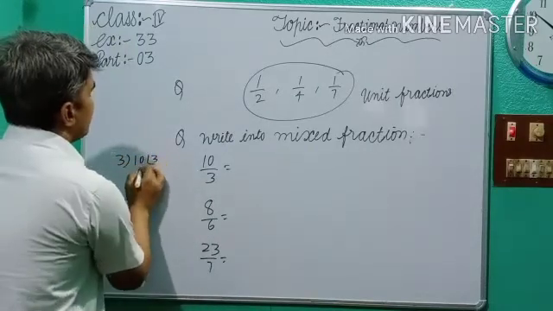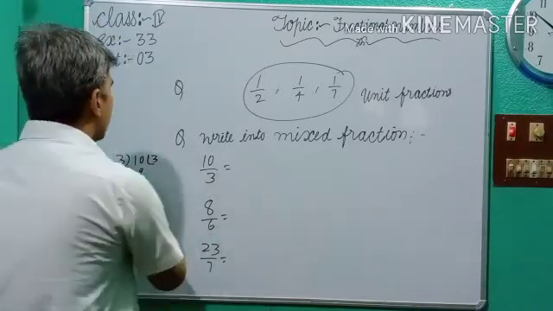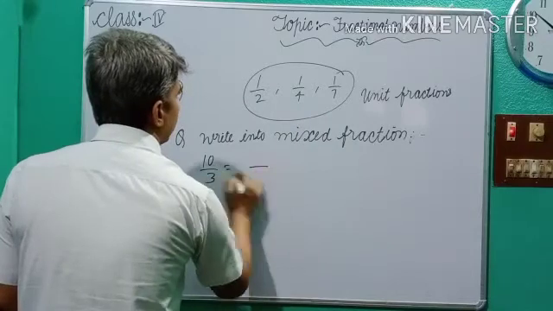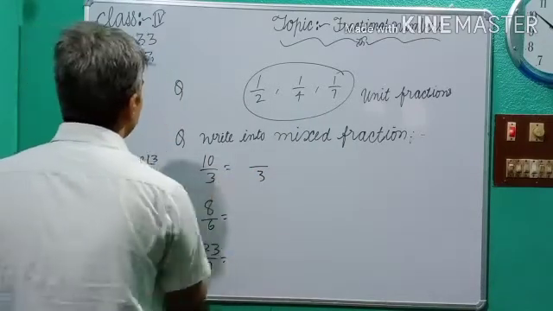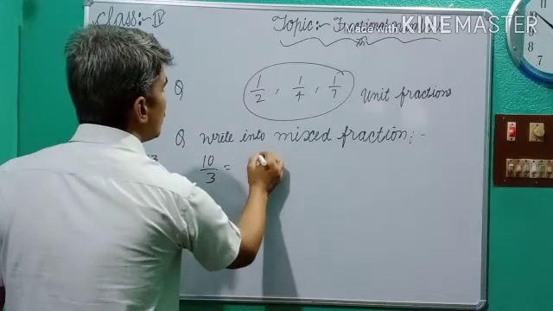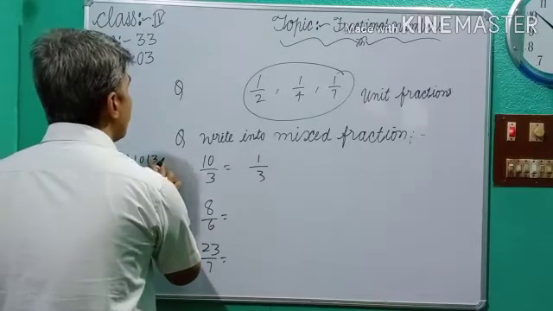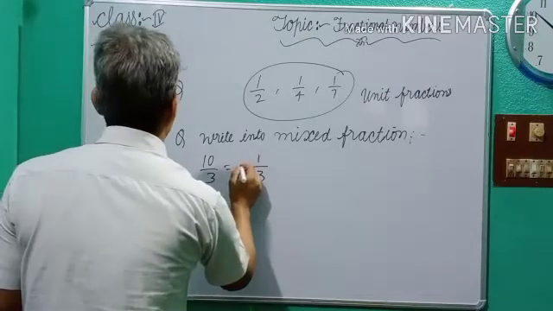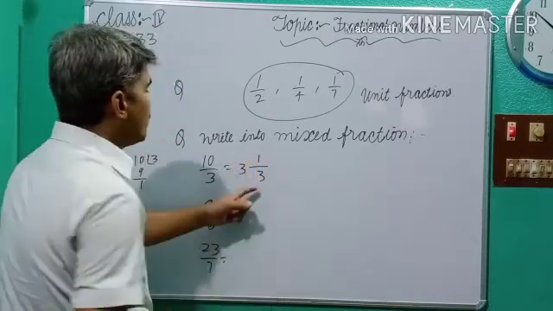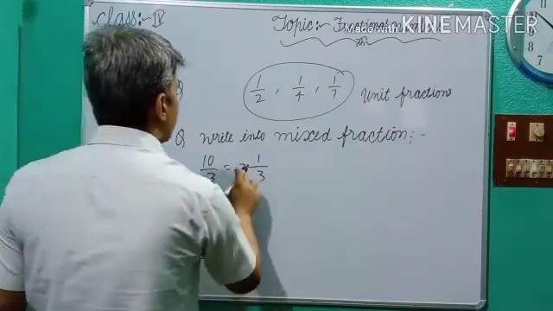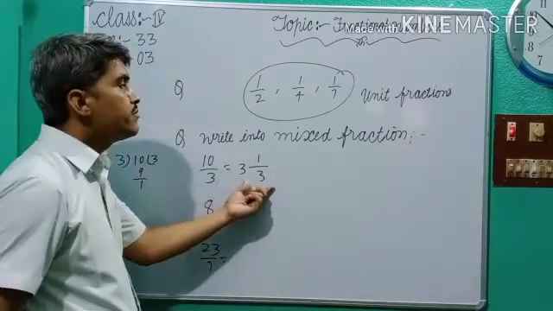3 threes are 9, remainder 1. Dear students, you write here 3 and 1. The remainder becomes the numerator, and the quotient becomes the integral part. 3 upon 1 by 3, that is a mixed fraction.